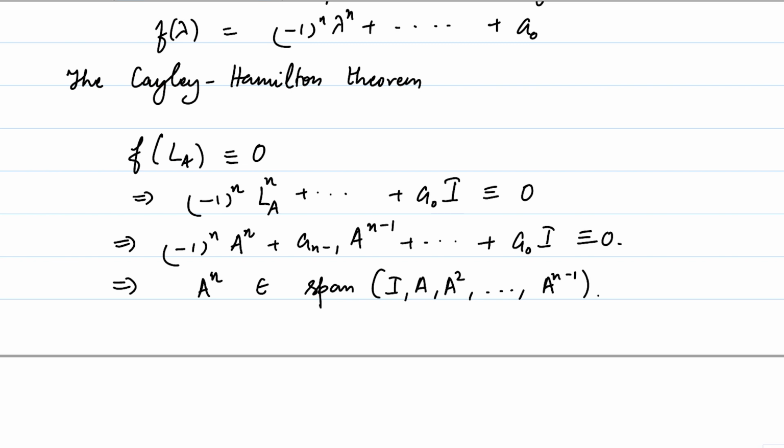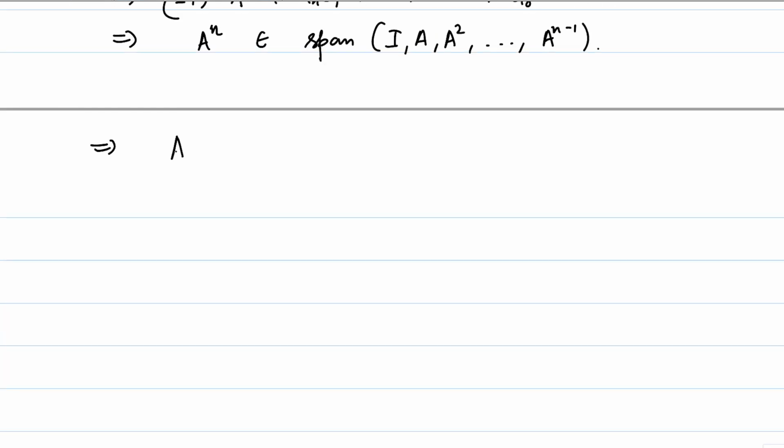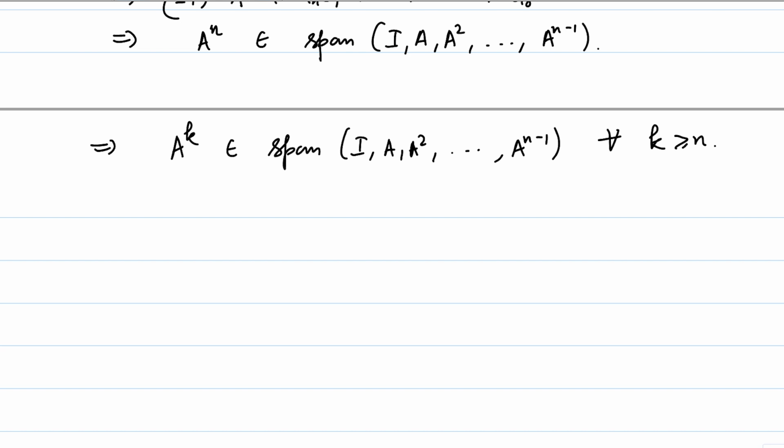But that implies that A to the power k belongs to the span of I, A, up to A to the power n minus 1 for all k greater than or equal to n, which implies that W is contained in the span of I, A, up to A to the power n minus 1.